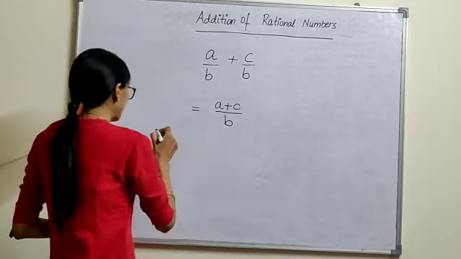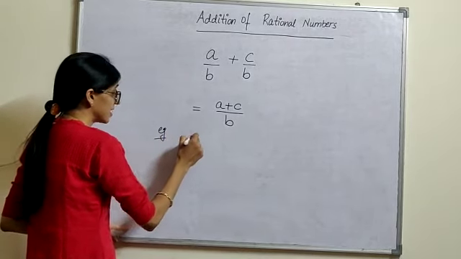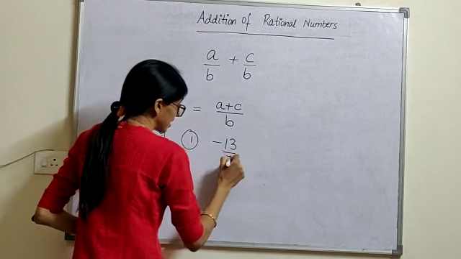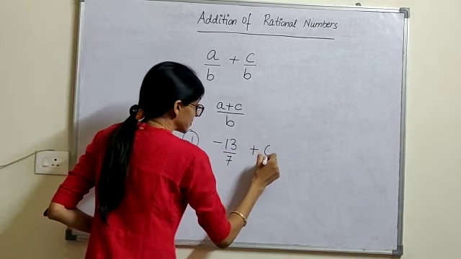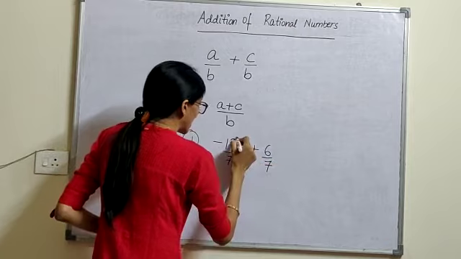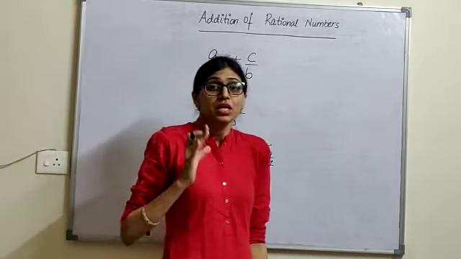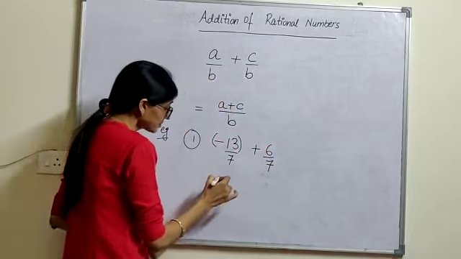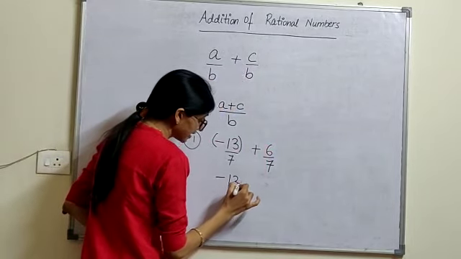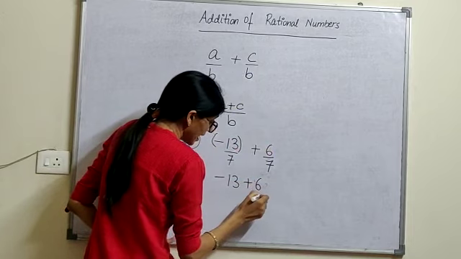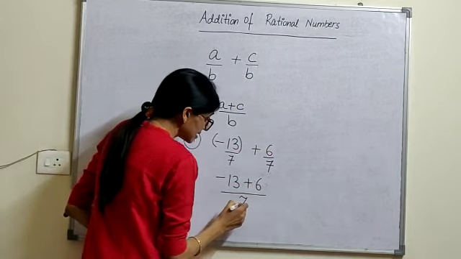Let's take an example. Suppose a question is given to you where there is minus 13 by 7 and plus 6 by 7. These are two rational numbers given to you and you have to add them. So what you will do? As I told you, take the numerators, add them and keep the base the same.